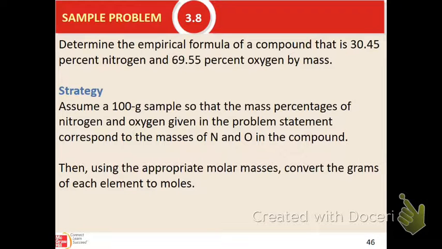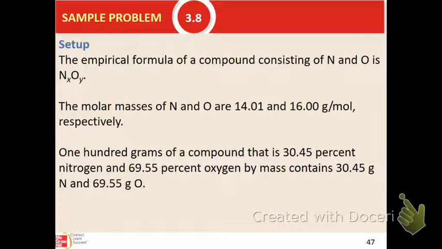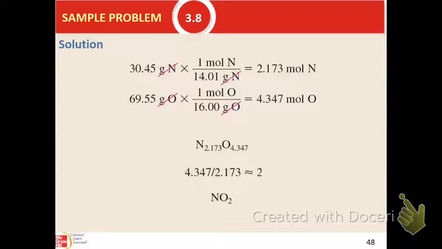I'm not the hugest fan of exactly how Dr. Burge here does it, but that's okay. This is her setup of it. I prefer the given and the unknown, but this is exactly what I would do.